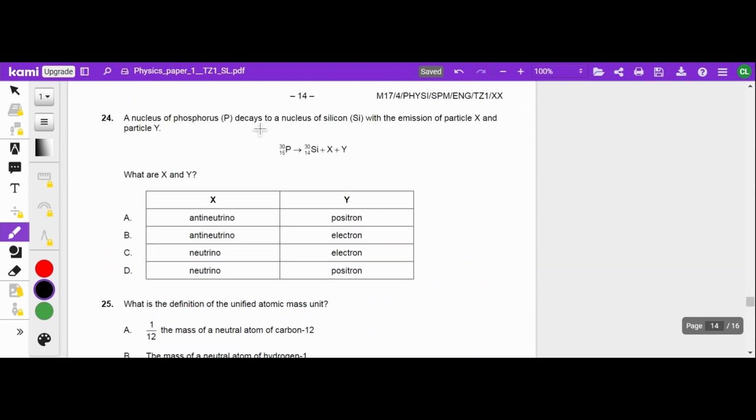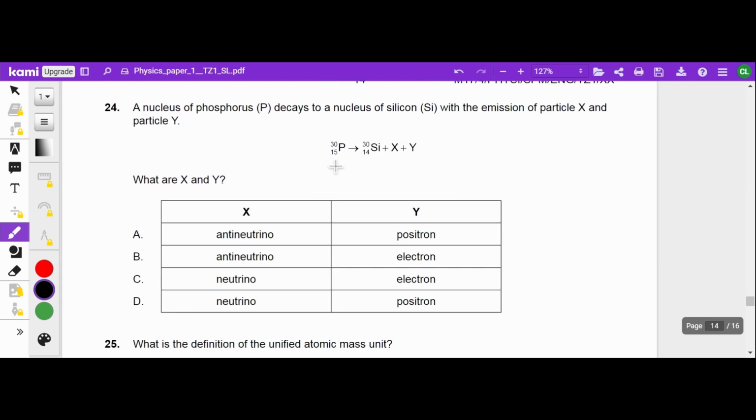A nucleus of phosphorus decays to a nucleus of silicon with emission of particle X and a particle Y. What are X and Y? Well, if you can see, the proton number is from 15 to 14.